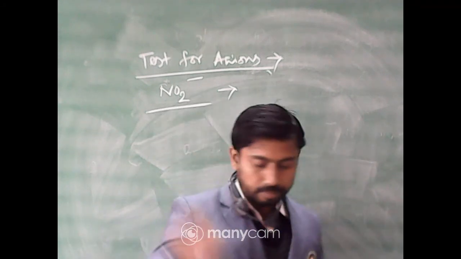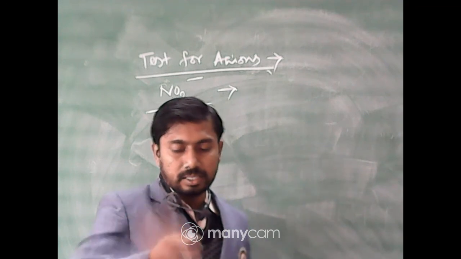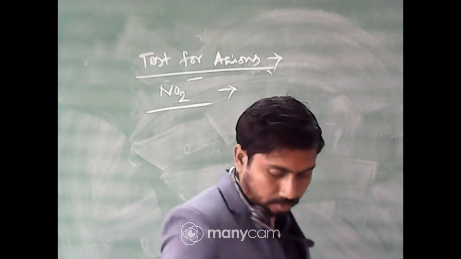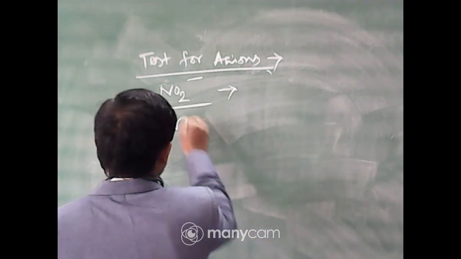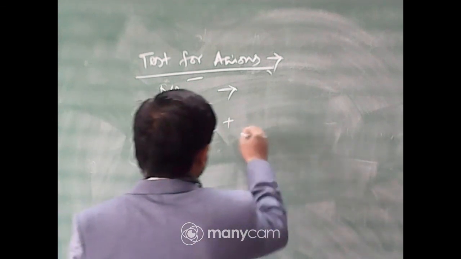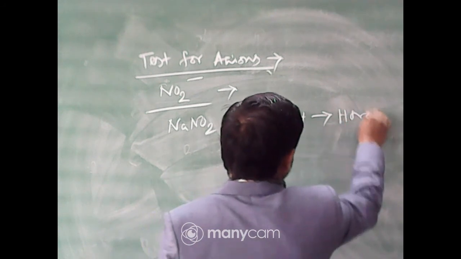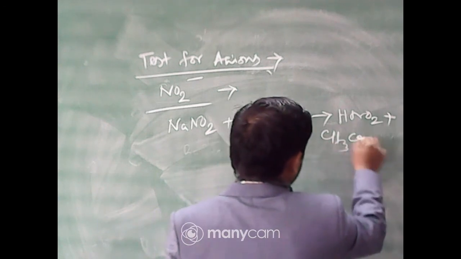First of all, a nitrite sample is taken and then acetic acid. In the presence of acetic acid, it forms nitrous acid, that is HNO2, which is easily decomposed. Suppose NaNO2 is taken. In the presence of acetic acid, it will produce HNO2 plus CH3COONa, sodium acetate.